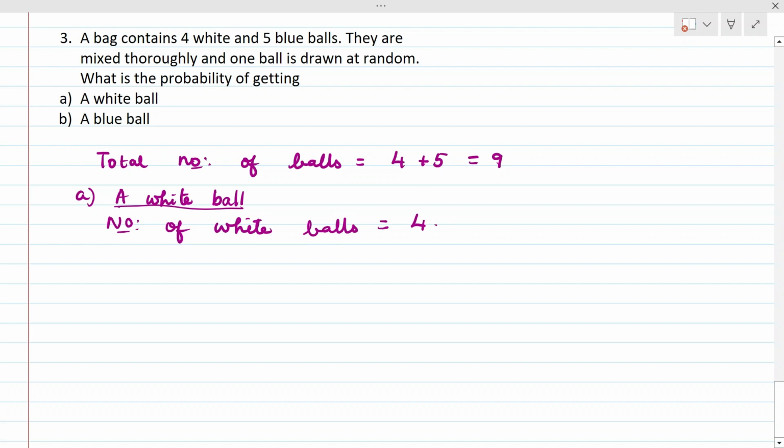Our requirement is 4 white balls. So the probability of getting a white ball is 4 divided by the total possible outcomes, 9. That is 4 by 9.